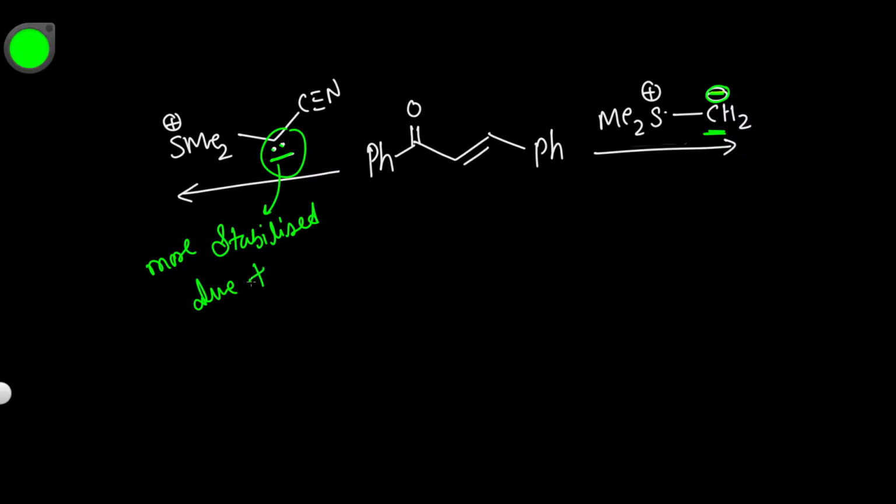This CN is our EWG, so that's why this negative charge is more stabilized in comparison to this negative charge.